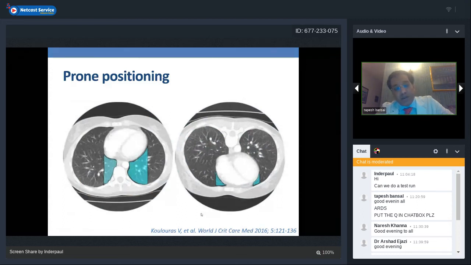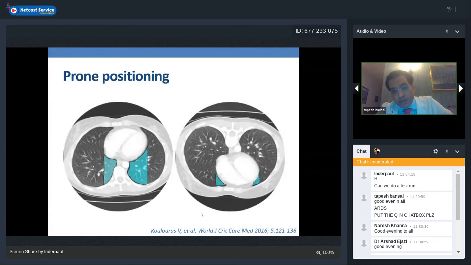But again, we should remember that in driving pressure, they have used plateau pressure. So it suffers the same drawback as the plateau pressure, that your pleural pressure and thereby your transpulmonary pressure is not being used. So that should be borne in mind. Those subsets of patients, like discussed earlier, obesity, intra-abdominal hypertension, etc., will not be the same as the patients shown by Amato so far. That's what I wanted to add.